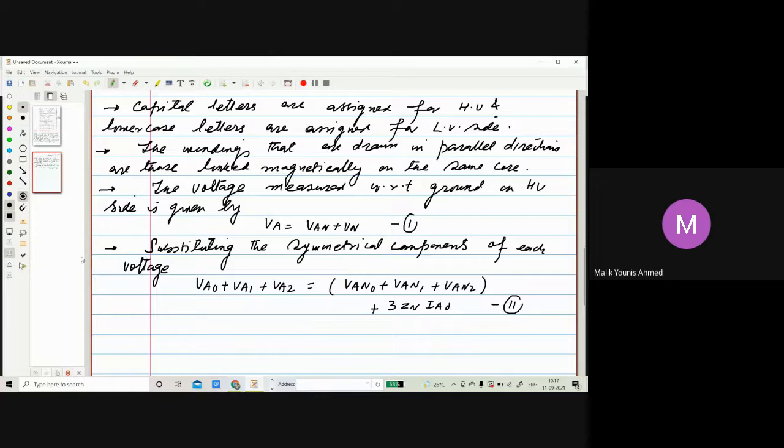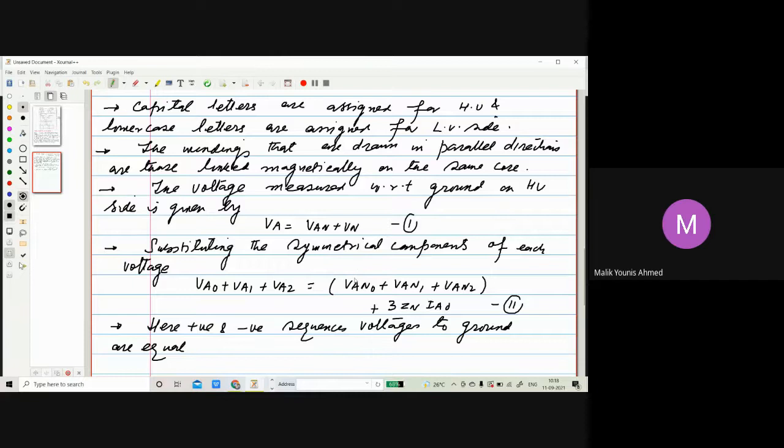Now here we can see what we're observing. You can see from the equation, the positive and negative sequence voltages to ground are equal.